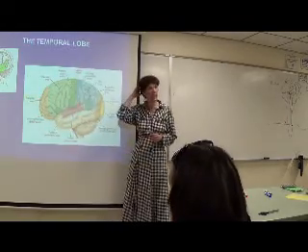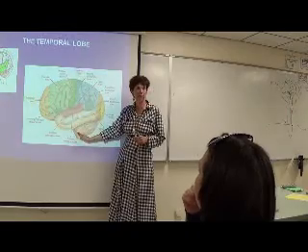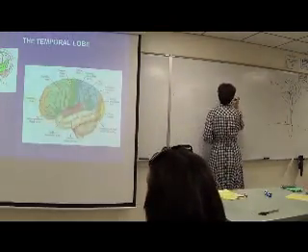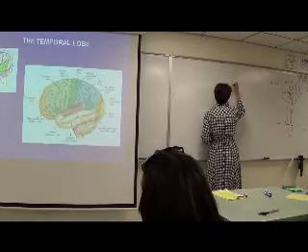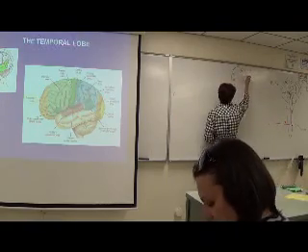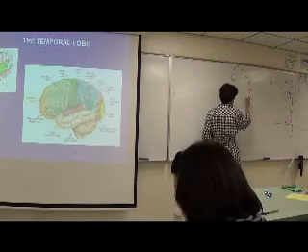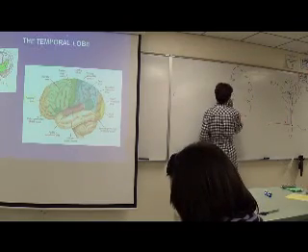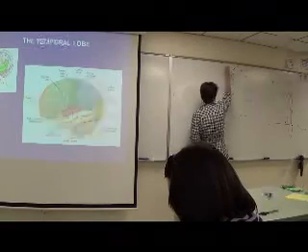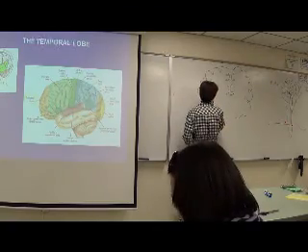So the drawing I'm going to make on the board is going to be a cut through that post central gyrus. All right? Similar to what I had up here already. So here's the longitudinal fissure. I'm drawing the medial surface. All of this is in the post central gyrus. Here's the lateral sulcus. And then we have the temporal lobe. And here would be the post central gyrus on the other side.